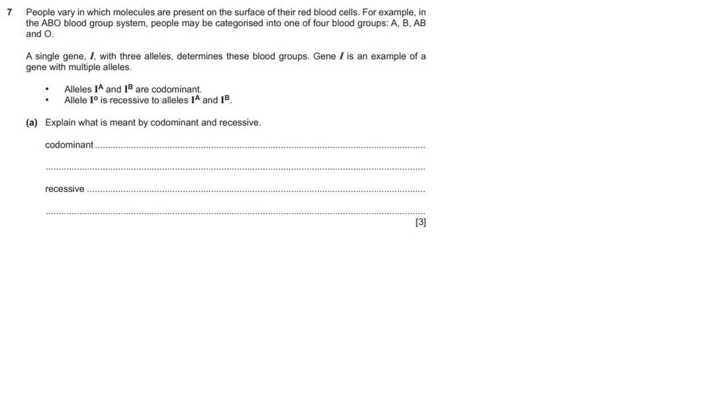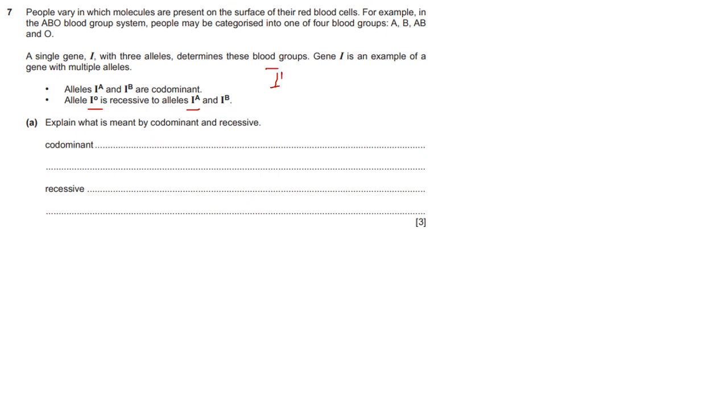Explain what is meant by codominant and recessive. Codominant means that you will have 2 dominant alleles, so both alleles are dominant and they can both be expressed in a heterozygous individual. So remember, like with dominance and recessive, usually it says IO is recessive to IA.